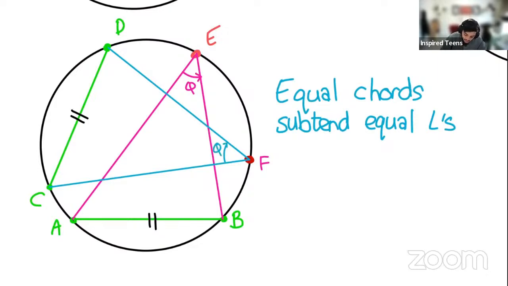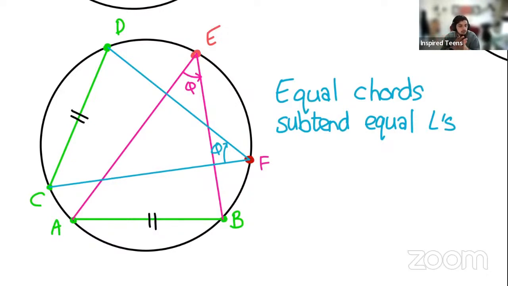Why are they equal? Because the chords that they are subtended by are equal. So equal chords, irrespective of where they are, don't have to be the same chord. It makes sense, because when angles are subtended by the same chord, they're equal.